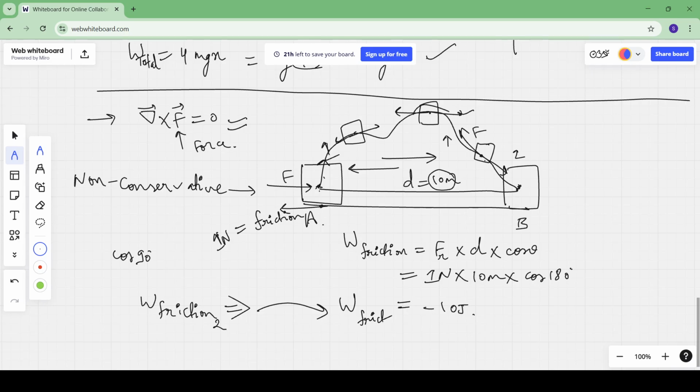So we can see that the friction is not going to give us the same amount of work, keeping the initial and final position the same. And if it is so in nature, then you can see why we need petrol, why we need diesel, why we need energy to run cars and bikes. The reason is very simple: friction is there, and friction is going to oppose the motion, and it is going to cost our energy to move against the friction.